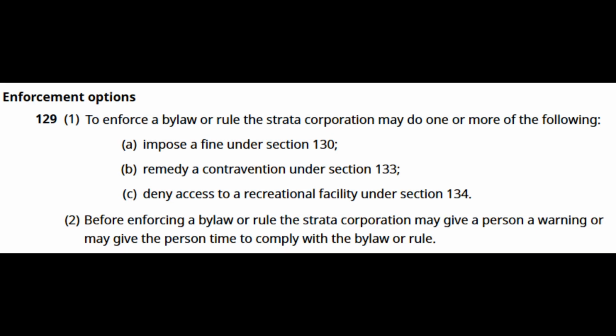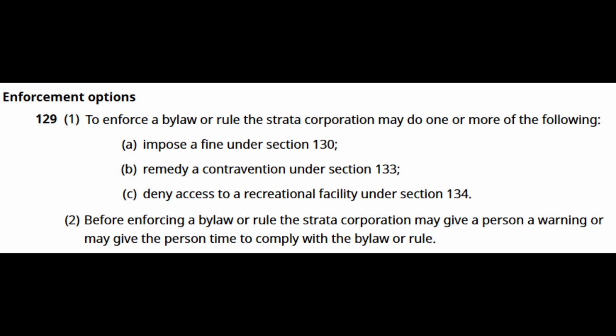And then bylaws exist again for insurance, to protect the situation for insurance for all owners. Enforcement process. Some people might be interested in this section for sure. For enforcement options, I will put section 129 of the Strata Property Act on the screen for you.